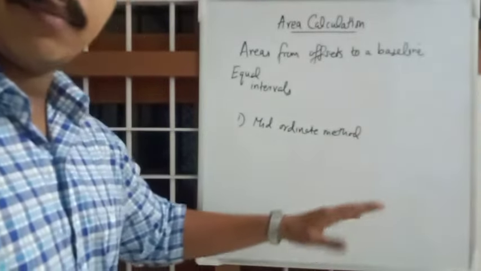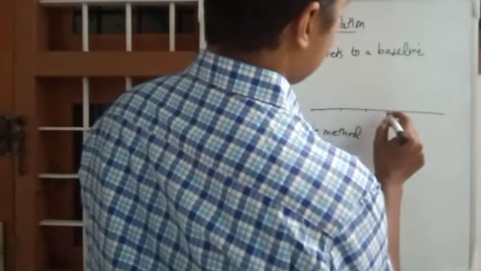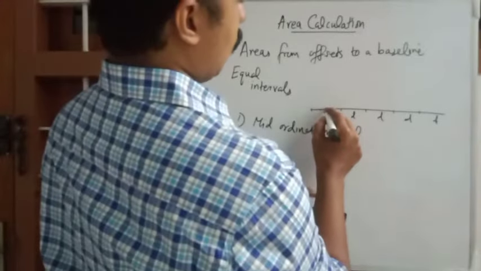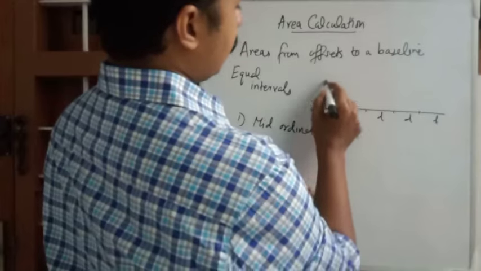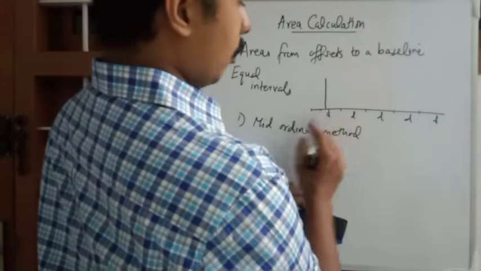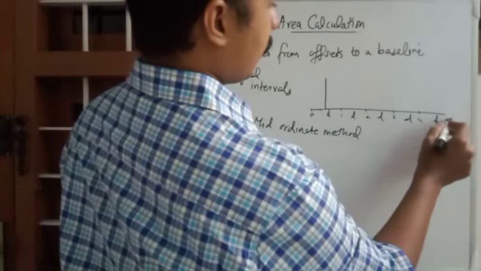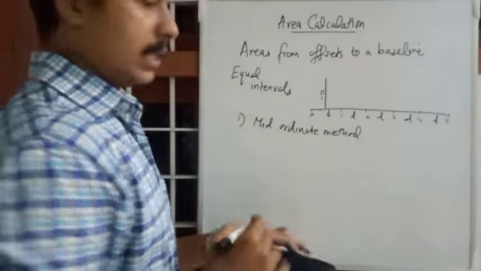All other three methods will be different. In the mid-ordinate method, if this is the baseline and this is the equal distance d, the offsets will be taken from the middle of the divisions, 0, 1, 2, 3, 4, 5.